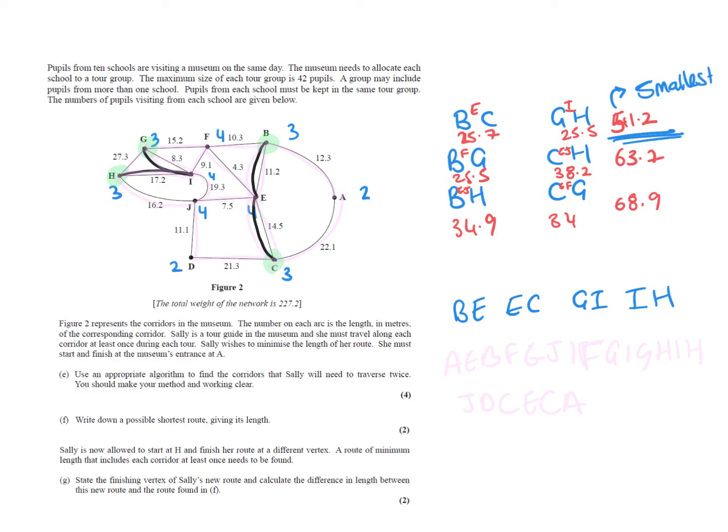I find some people start at A and go all the way around, and then think, how did I do that? Basically, they've got to start again. Now, to write down the absolute shortest length, we're now going to have to do the weight of the diagram.